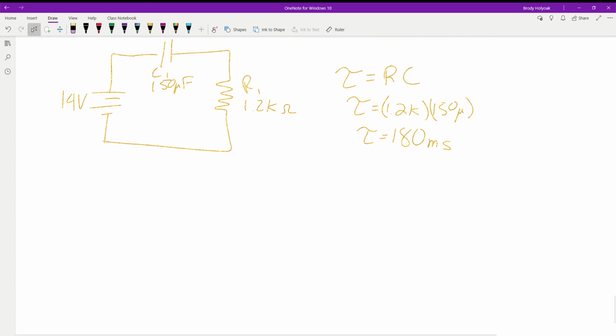So 1 tau is 180 milliseconds. So how much time has elapsed? 180 milliseconds after 1 tau. After we've gone 2 tau, 2 time constants, how much time has elapsed since we turned on the circuit? 360.